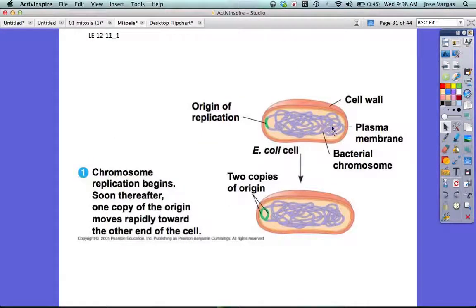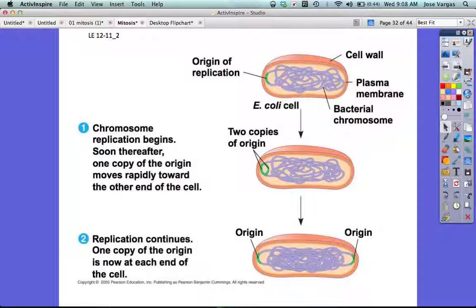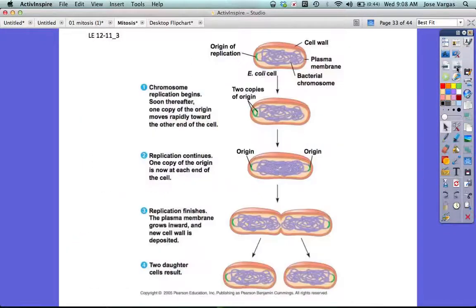So here is the chromosome. We get a new copy. It starts to replicate. Replication continues. Here we have the two copies. And then a new plasma membrane grows inward. And then they split. So we don't call this mitosis. This is just called binary fission.